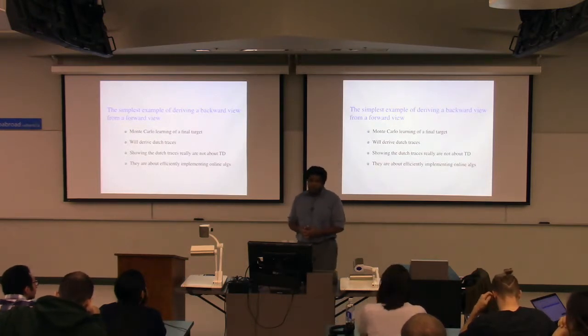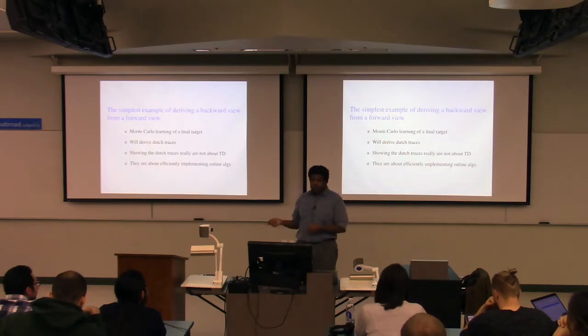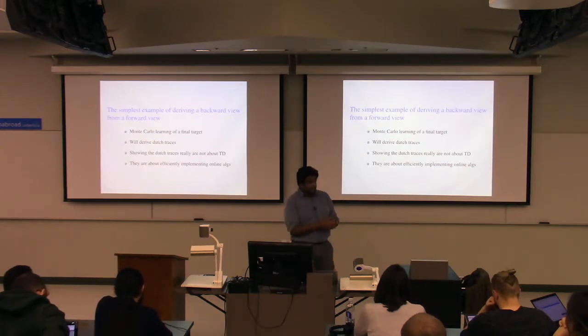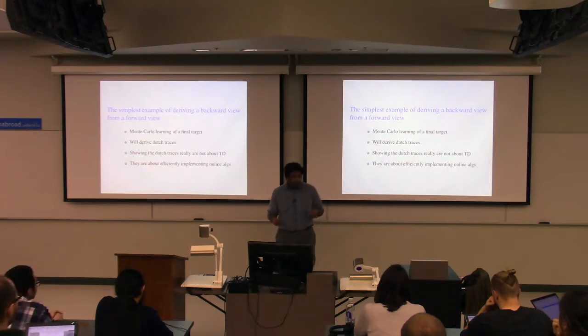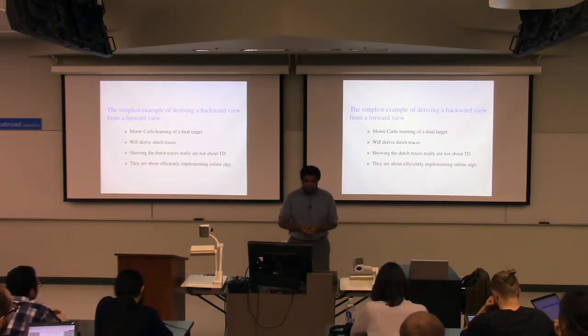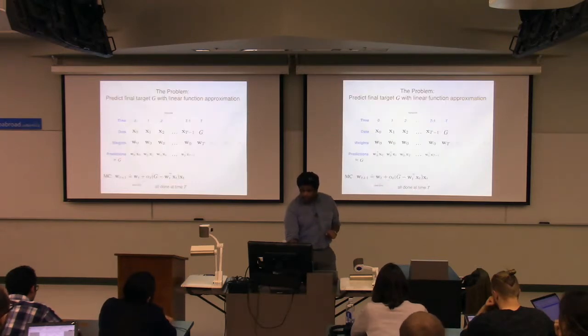And it really shows that the Dutch traces and this exact equivalence has nothing to do with TD. It's about an efficient way to implement online algorithms, right? So instead of keeping around the full quadratic and doing additional computation, you can get it in linear computation and linear memory. Okay.